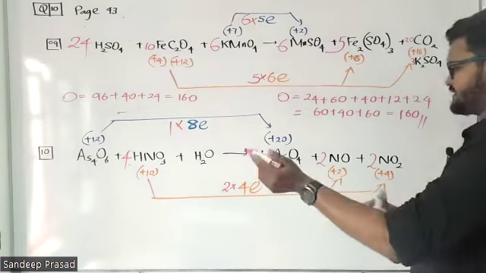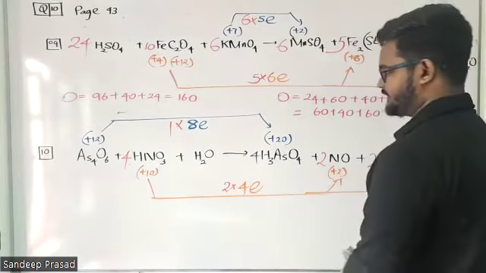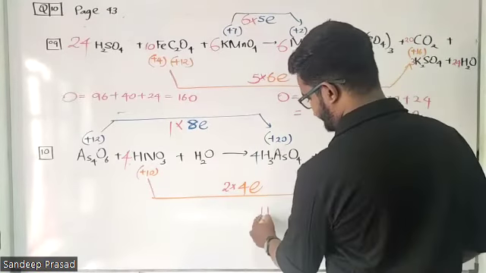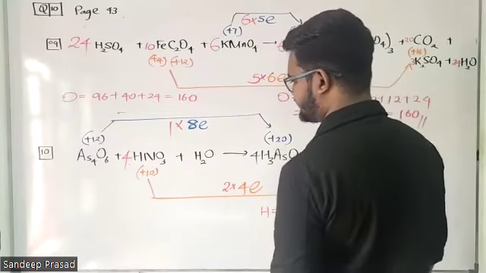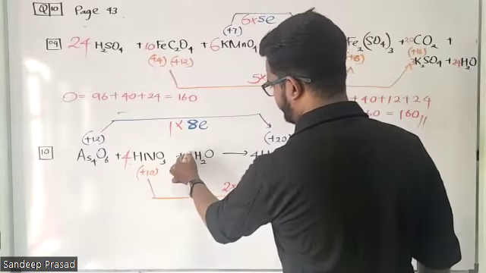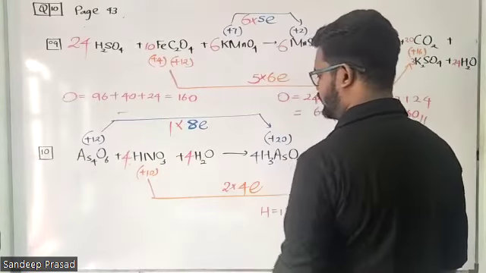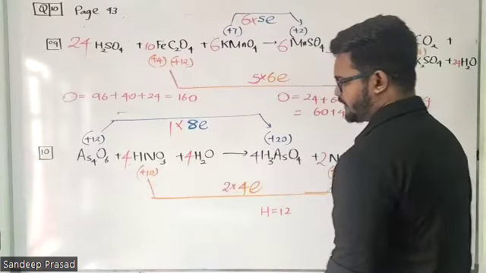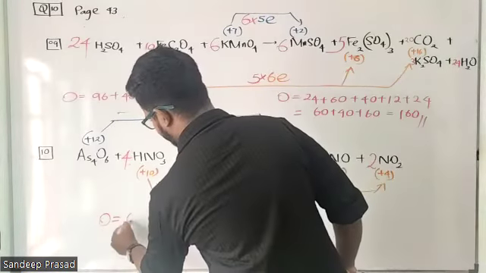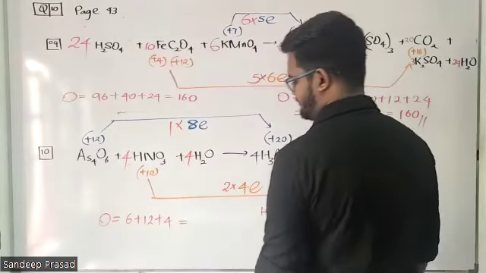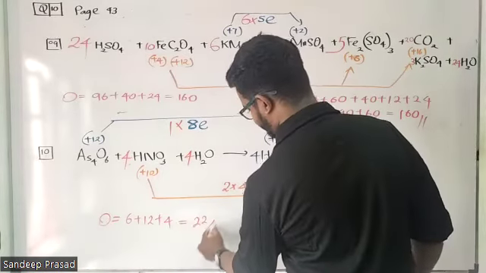Number of nitrogen atoms are balancing, arsenic atoms are balancing. What about hydrogen atoms? In the right hand side, there are 12 hydrogens. Here we have 4 only. Then we know we need 8 more. Then let's put here 4. Then 4 into 2 is 8. 8 plus 4 is 12. How many oxygens are there? 6 plus 12 plus 4, 22.